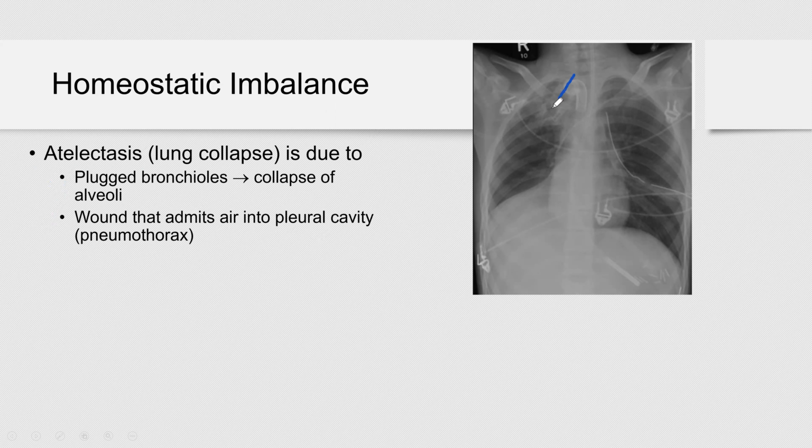So either you plug your bronchioles, which causes collapse of alveoli, or you allow air to move into your pleural cavity. But this lung over here just collapses, getting smaller, and cannot function properly, right? So this is a normal left lung. It's a normal lung shown over here, and this is a collapsed lung.